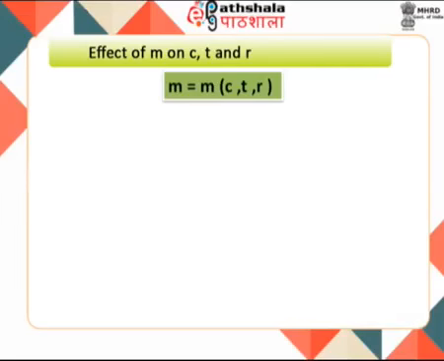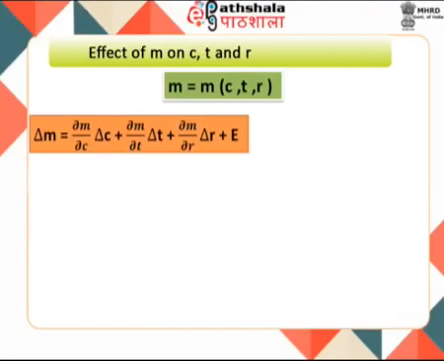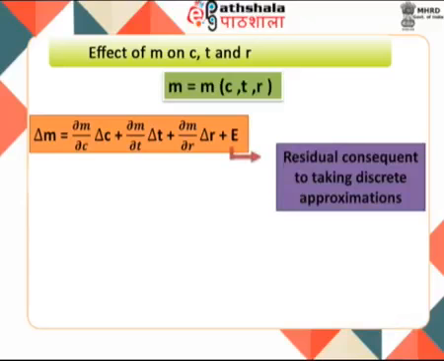Differentiating M equal to M(C, T, R) totally, and taking discrete approximations, we get change in M equal to delta M by delta C into change in C plus delta M by delta T into change in T plus delta M by delta R into change in R plus E, with E representing the residual consequent to taking discrete approximations.